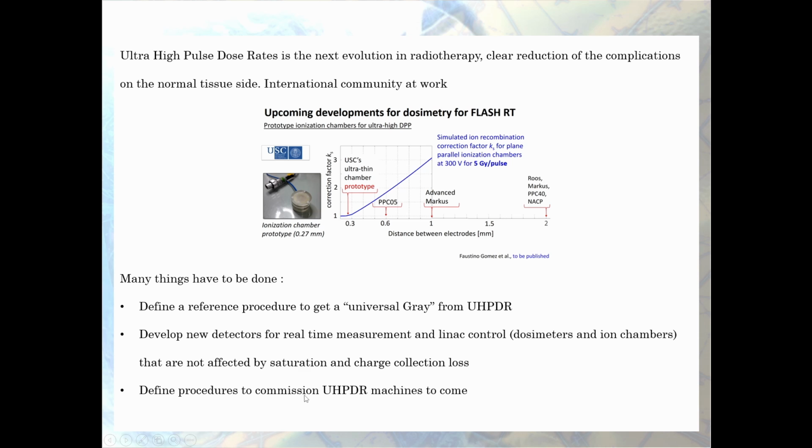And you have also to define procedures to be sure that each and every new machine that will be delivering flash treatments is fully operational and delivers exactly the dose that it has been set to deliver.